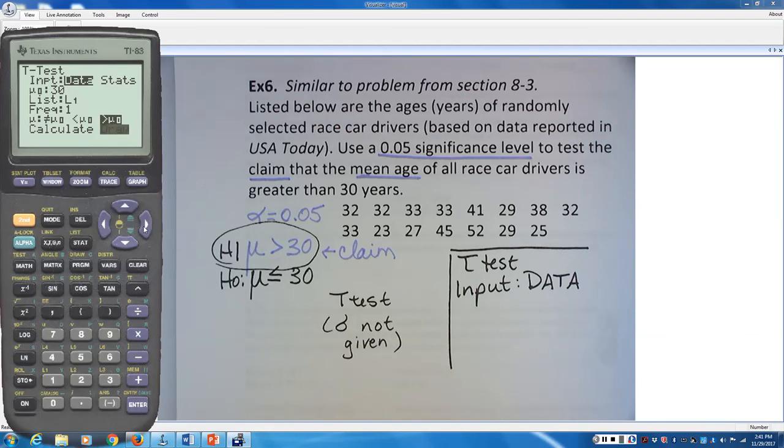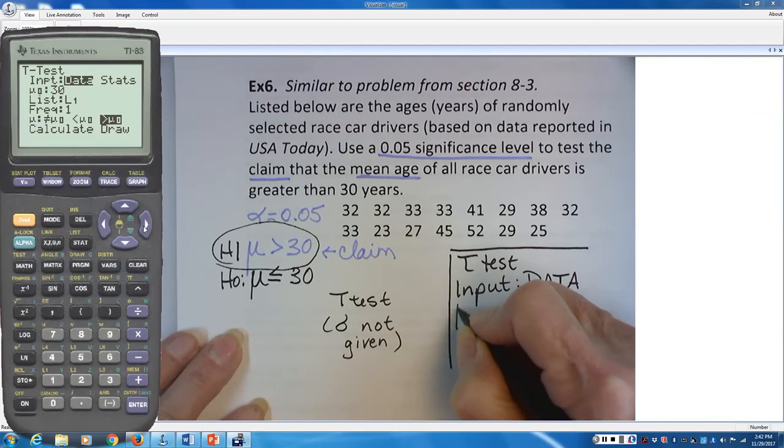And then at this point, we should be ready to draw. So y'all go ahead and finish your test. I'll make a note of the values.